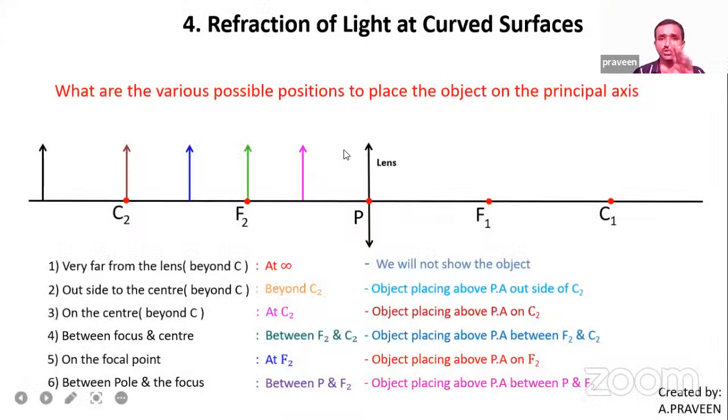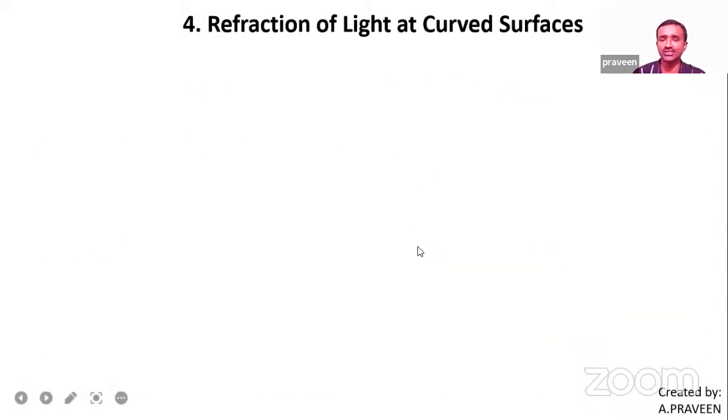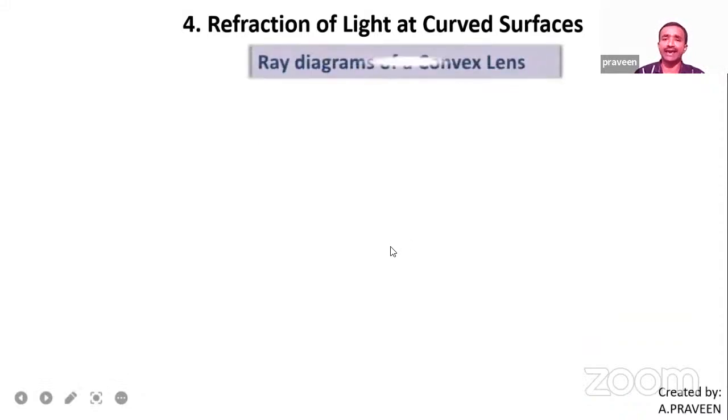The discussion of various possible positions is over. The next topic we are discussing is ray diagrams. Very first we will discuss the convex lens. For the convex lens or the concave lens, we have 6 positions. But for mirrors, a concave mirror has 6 positions, while a convex mirror has only 2 positions: one in front of the mirror and the other at infinity distance.